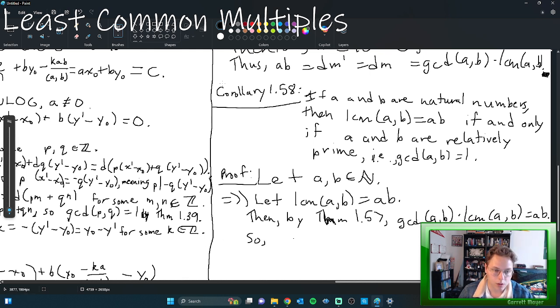So ab equals ab times GCD of a and b. And since a and b are natural numbers, not zero, they can never multiply together and make zero. The GCD of a and b is 1.